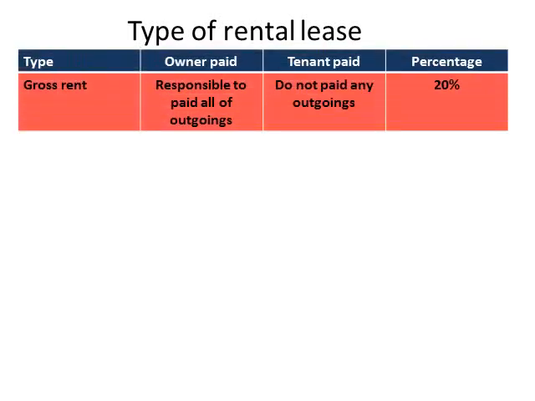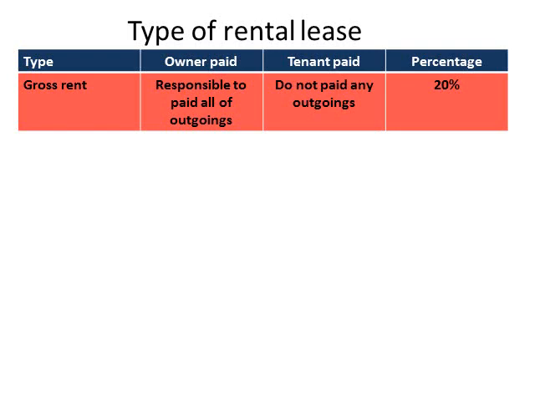So now we look at the types of rental lease. First we have gross rent. Gross rent is sewa kasar. For gross rent, the owner is responsible to pay all of the outgoings.